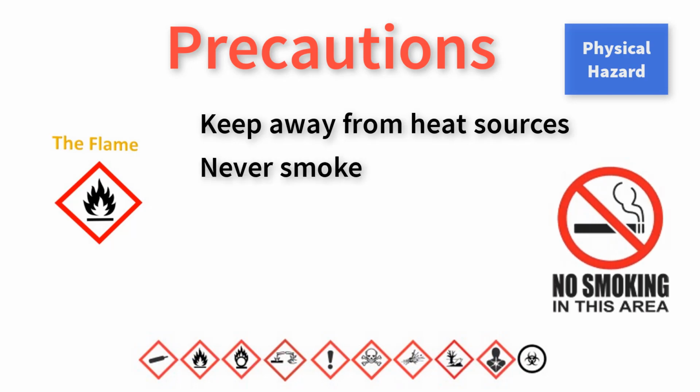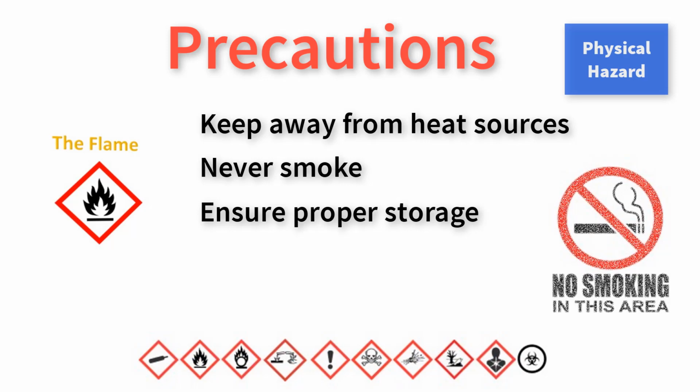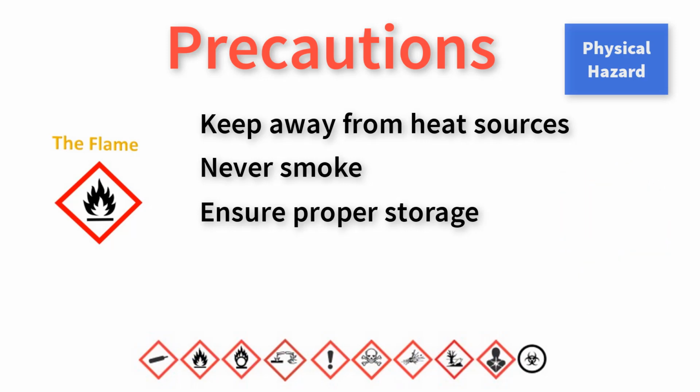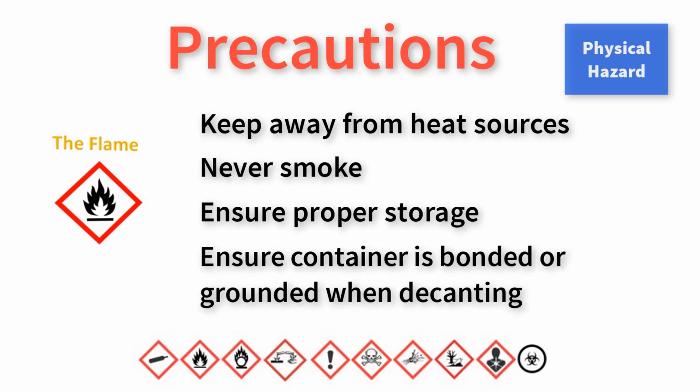Never smoke when you're working with or near this material, and store substances in the appropriate location, such as the flammable cabinet, bunkers, or approved waste container. And if decanting flammable liquid into another container, ensure that the container is properly bonded and grounded before pouring.